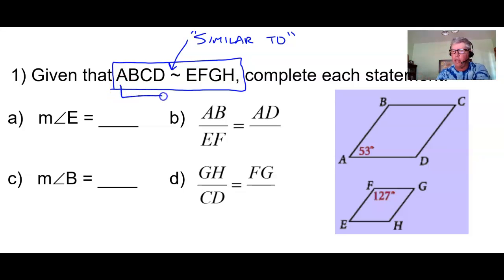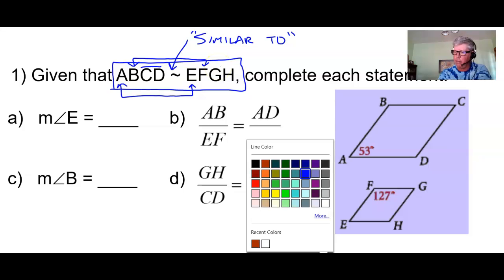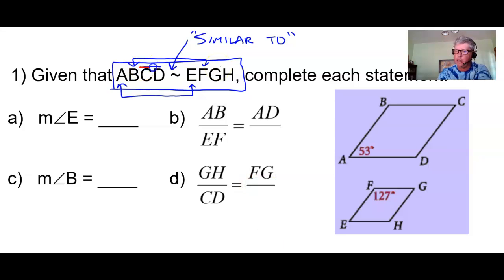That means angle A matches up to angle E. Angle B matches up to angle F. Okay, side CD matches up with, oh, let's change colors there. Side CD is going to match up with side GH.